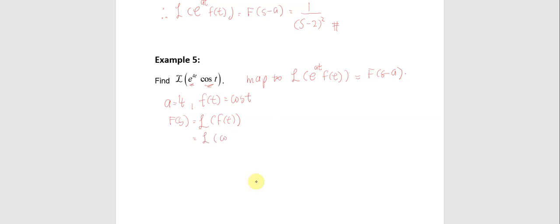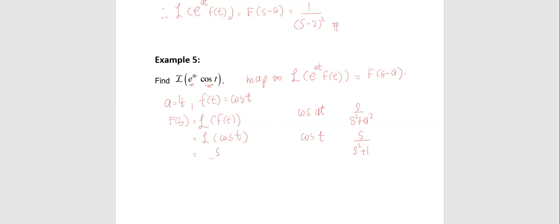So the Laplace of cos t. From the Laplace table in page 5, you have cos. Please refer to the table as well, don't just depend on me. For the function cos at, the Laplace is s over s squared plus a squared. So if you have cos t, where a is 1, you will have s over s squared plus 1.